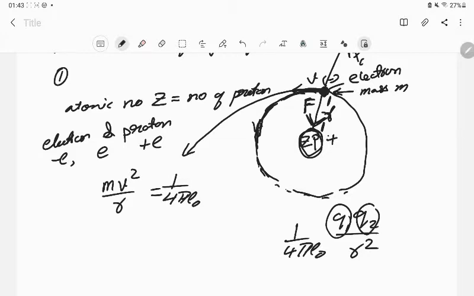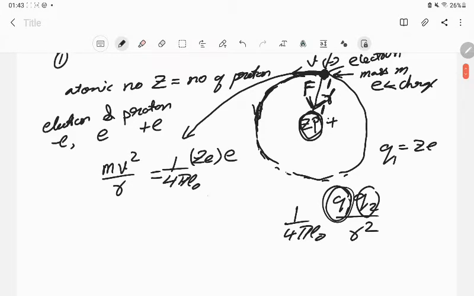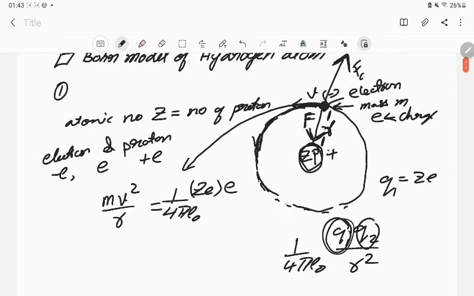So since there are Z number of protons, the total charge will be number of protons into charge on each proton. Charge on each proton is e, so it will be Ze. First one, q1 will be equal to Ze, and q2 is this electron. So charge of electron is e. So this is the first postulate of Bohr atomic model.